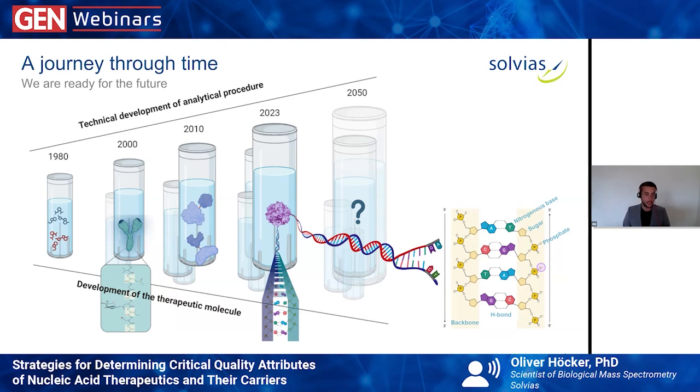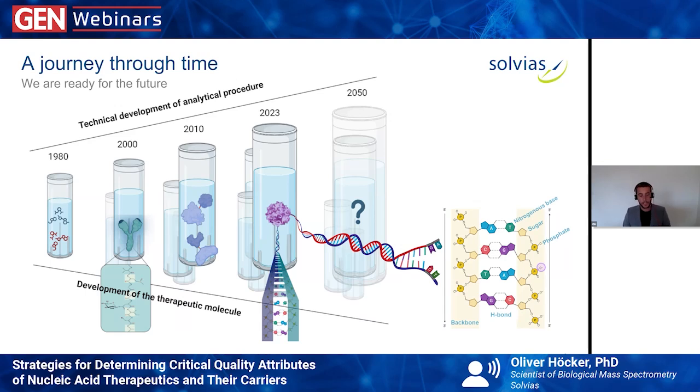But over the decades, in the 2000s and 2010s, with protein therapeutics coming to the market with antibodies, antibody-drug conjugates in the 2010s, the analytical methods needed to be more sophisticated and more complex to assess the quality attributes of these more complicated molecules.